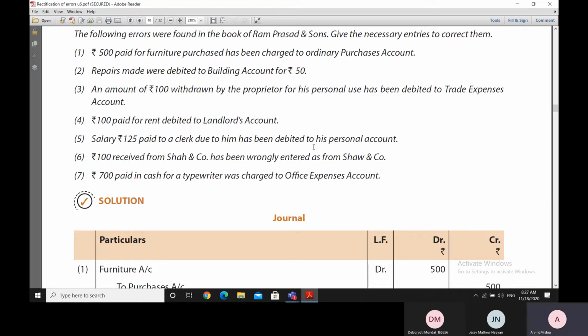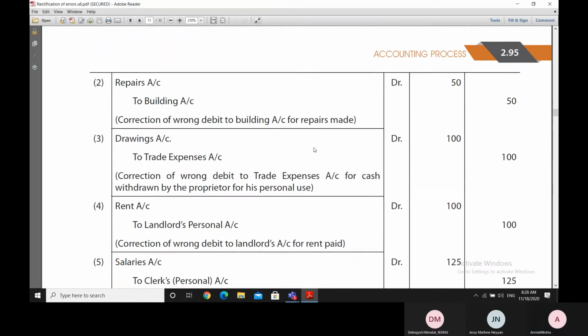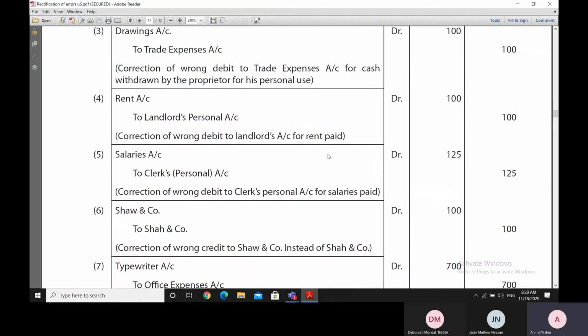So therefore we need to debit this to the salary account, and we cancel the debit that was made to the clerk's personal account by crediting the clerk's personal account here. Of course, in this case, the cash account has already been credited, or the bank account has been credited if the money has been paid by check.